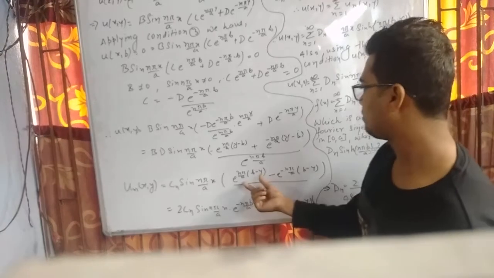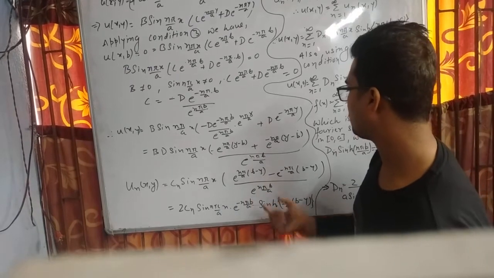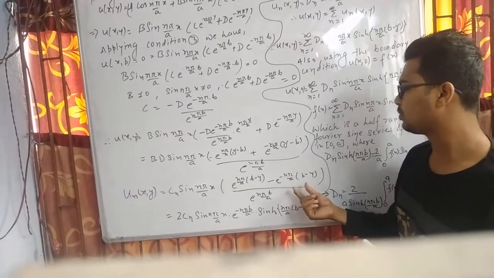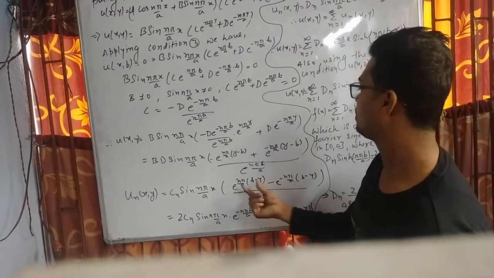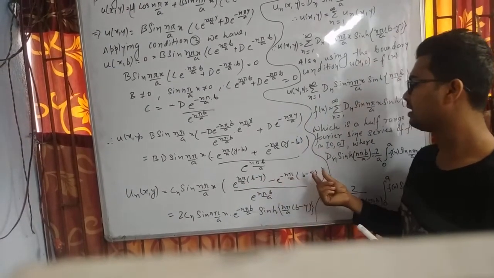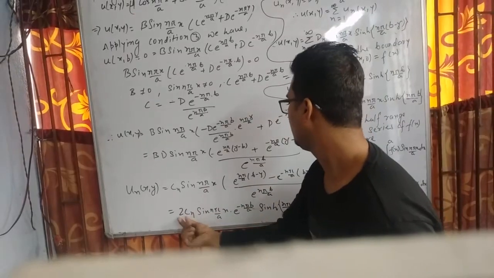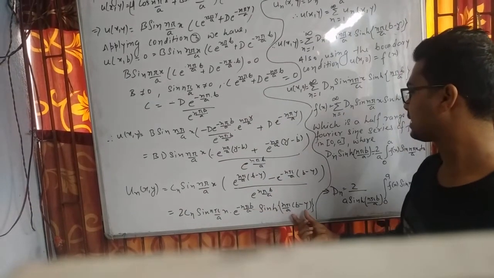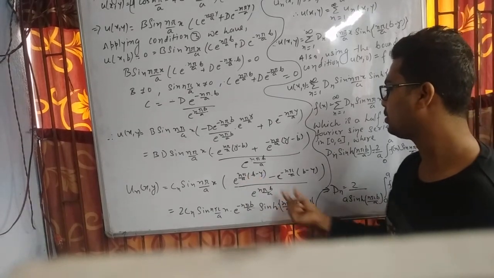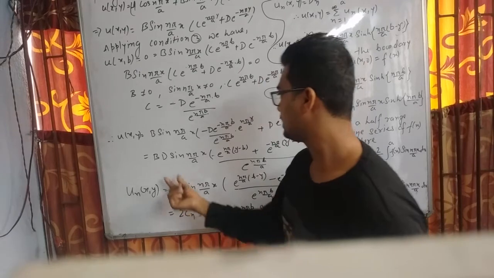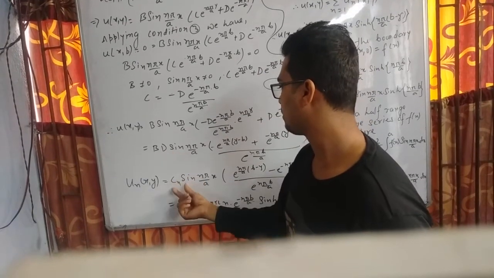So this becomes the sine hyperbolic, (e^x minus e^(-x))/2, which gives sinh x. So e^x minus e^(-x) will give us 2 sinh x, and x was our nπ/a (b minus y), and c_n is another constant, bd is replaced by c_n.